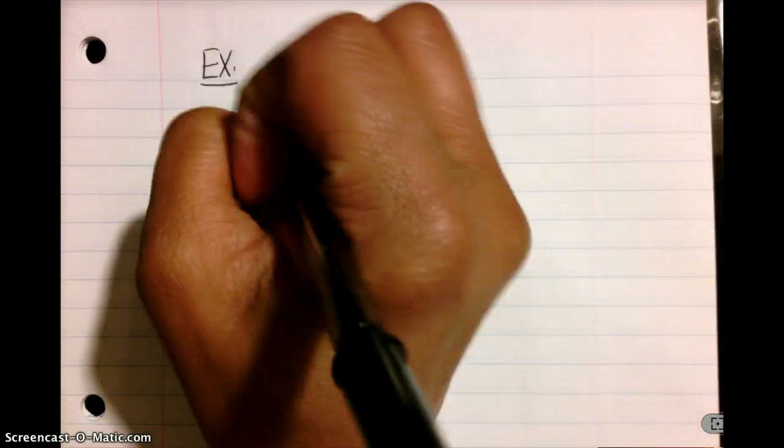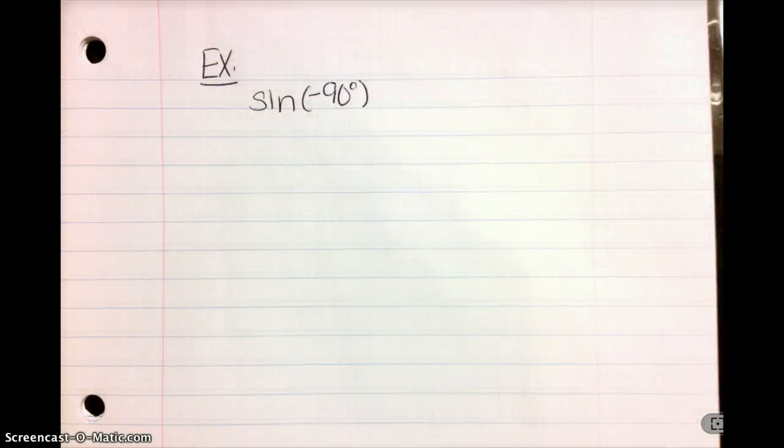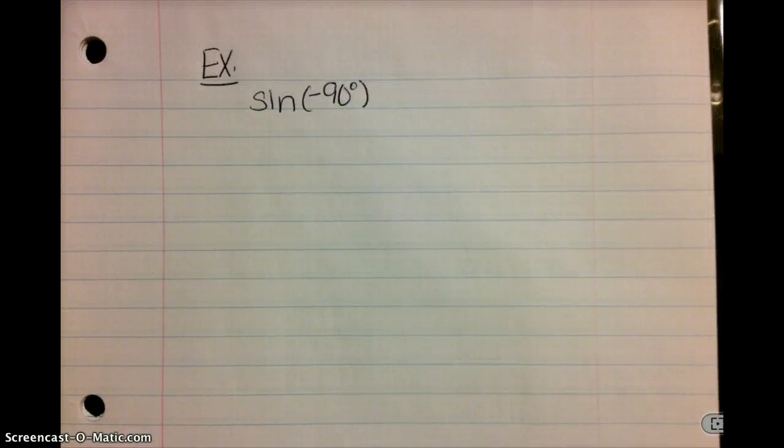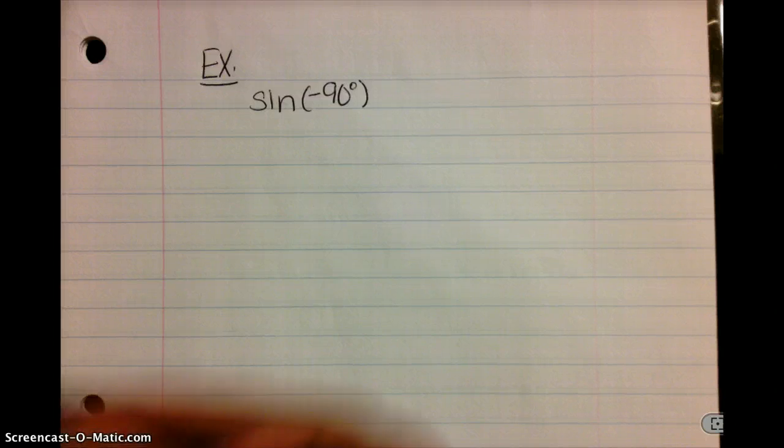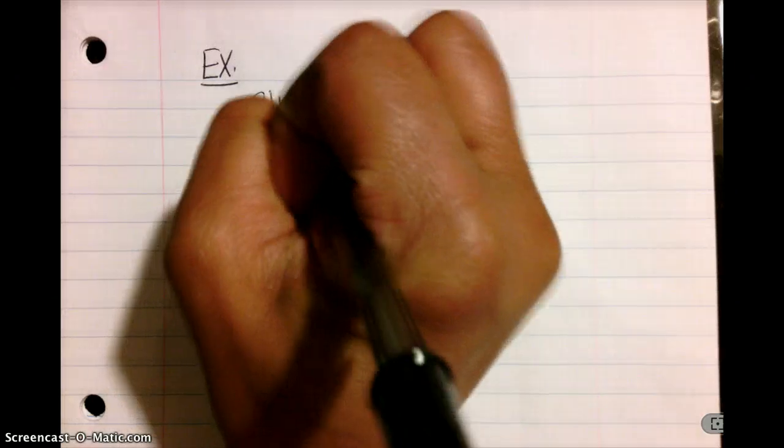So let's look at two practice problems with using the unit circle. In the first example, we have the sine of negative 90 degrees. Well, one rule that we've already learned is that we have to make our angles positive. So we're going to take this negative 90 and we're going to add 360 degrees to it.